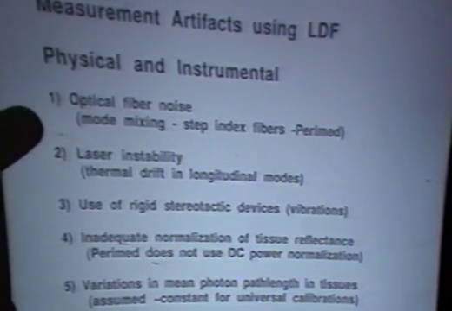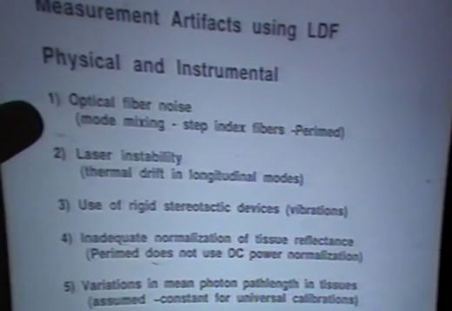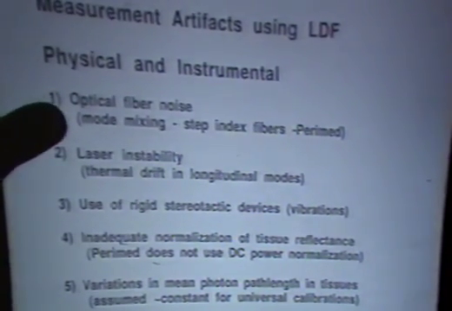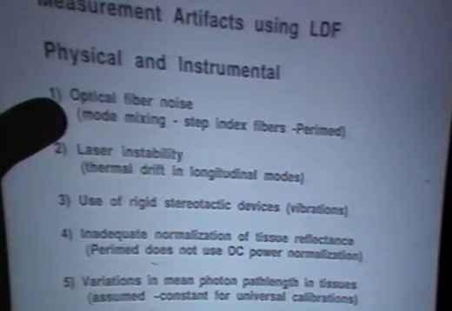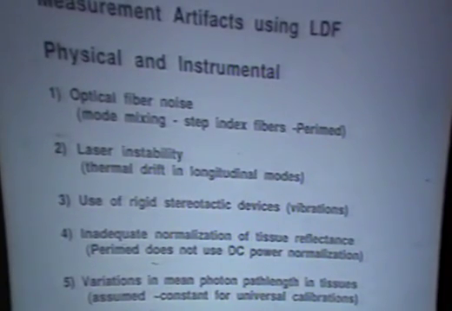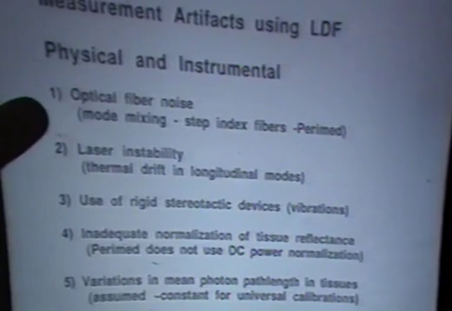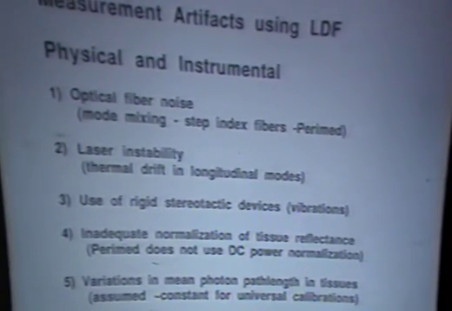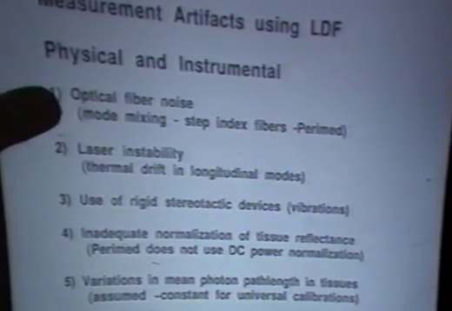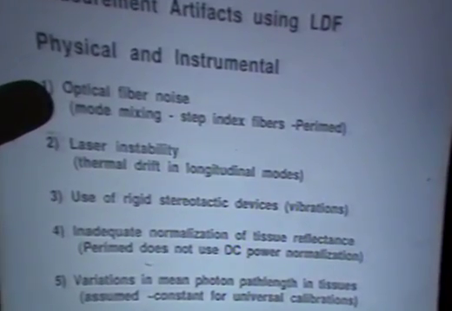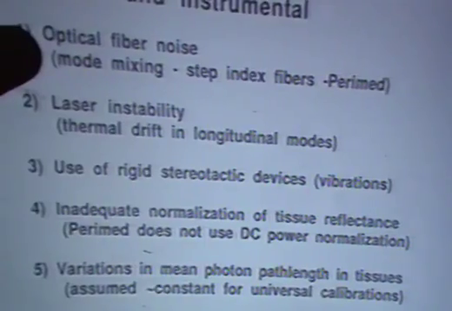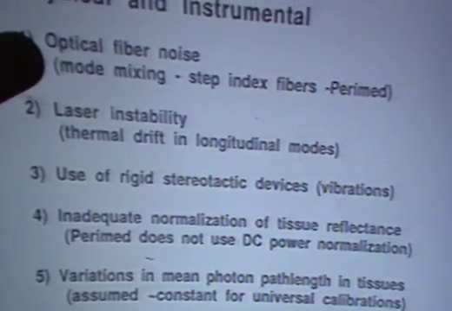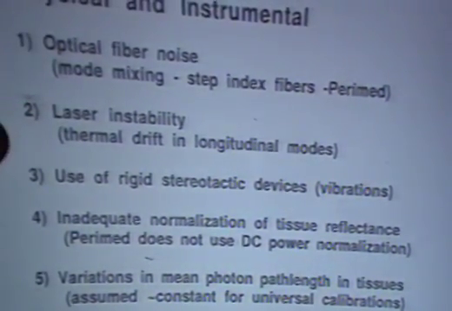That's complicated optics, but particularly using step index fiber, the different modes will have phase shifts, and you'll get interference effects, so that if you change the mode mixing by bending the fiber, you can get a fluctuating component of artifact. The problem is pretty much overcome by using graded index fibers where there isn't a path length difference between the different modes in the fiber.